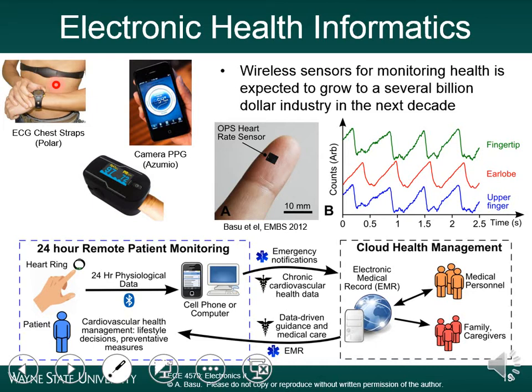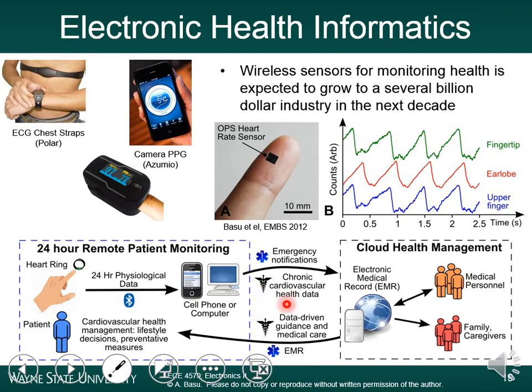This is one of the emerging areas: how can we do biological sensing with semiconductors, and how can we create this type of infrastructure? This chart on the bottom here gives you an idea of what this whole field of mobile health is about.